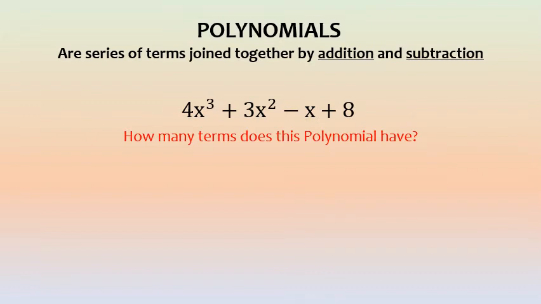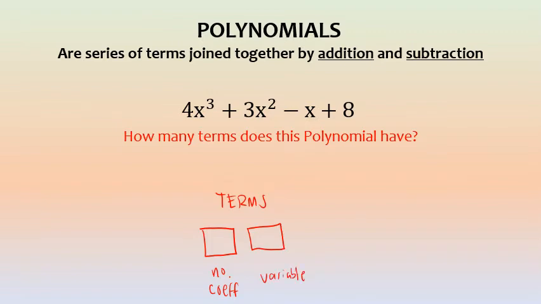So based on our definition kanina, ang sabi natin, polynomials are series of terms joined together by addition and subtraction. And that terms have a number, or a coefficient, and a variable.